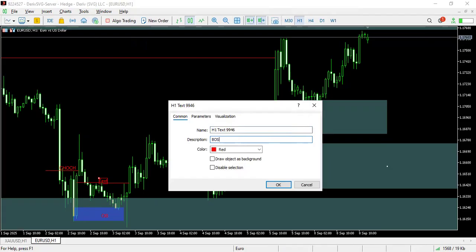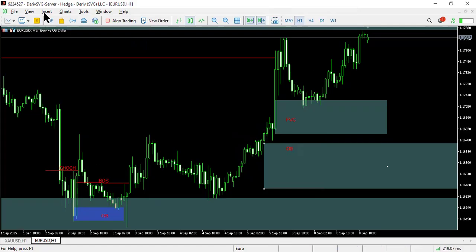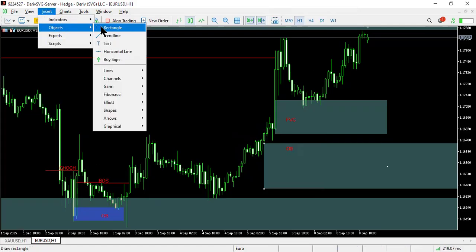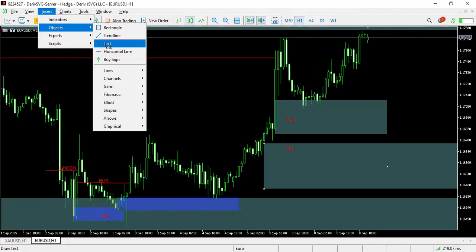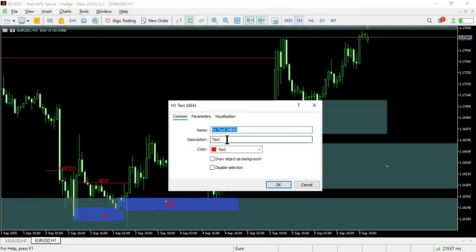So that is a break of structure. And then the order block, which caused that break of structure, was here. So this is where I got my entry last week. Actually, this was a swing trade.